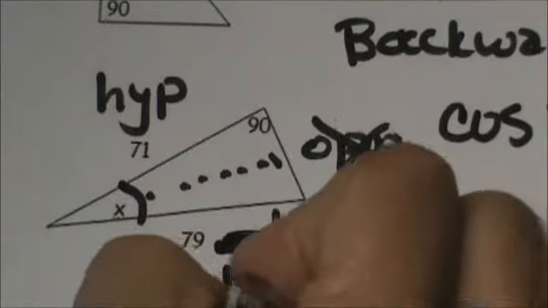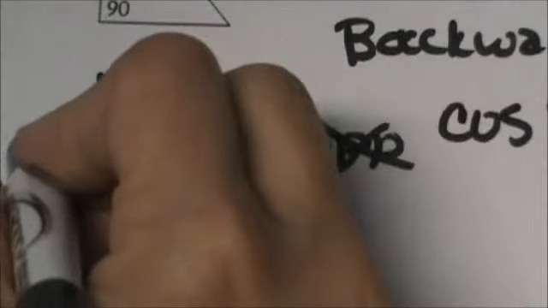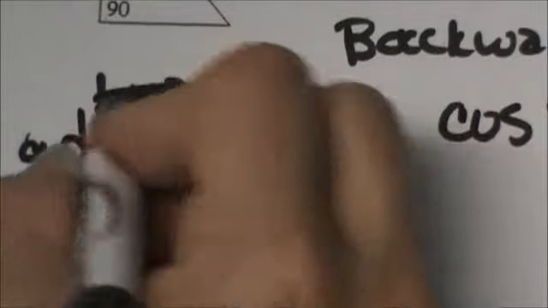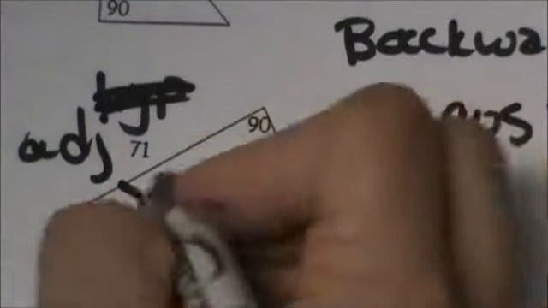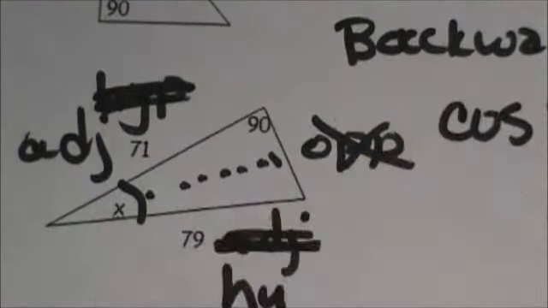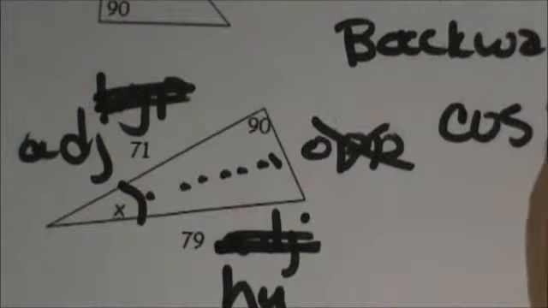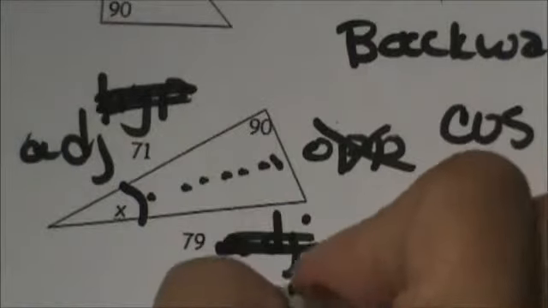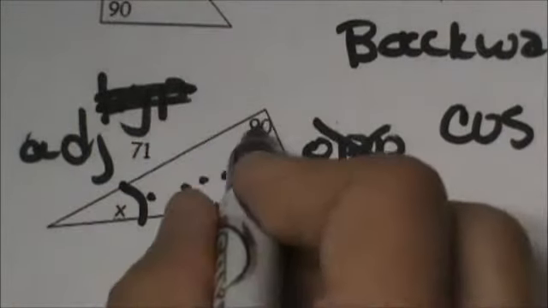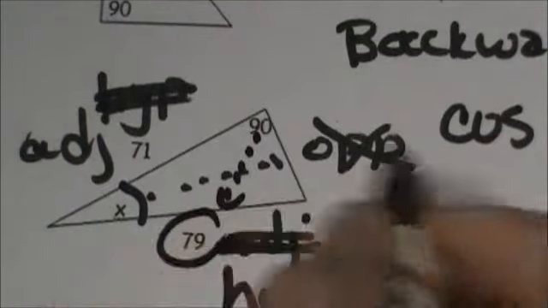This one's hypotenuse. This one's adjacent. Okay, so let's rewrite. Let's make sure we set the ratio up right. Adjacent is 71 and hypotenuse is 79. And I think I would have noticed that because we know that the hypotenuse is always the longest.